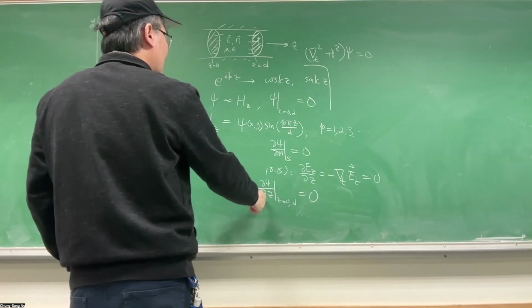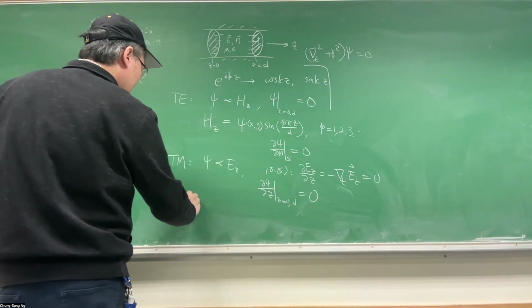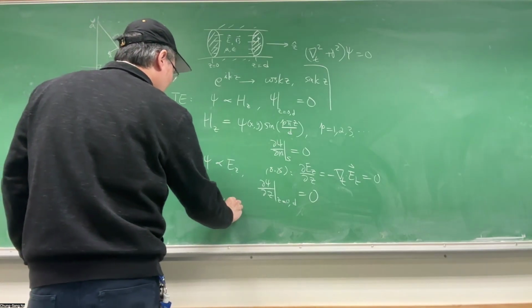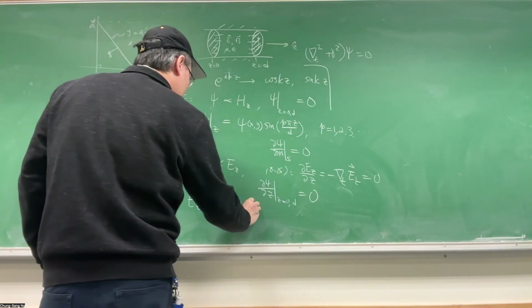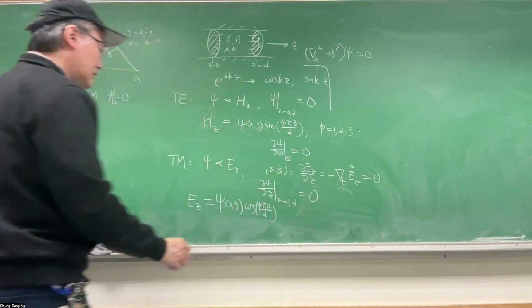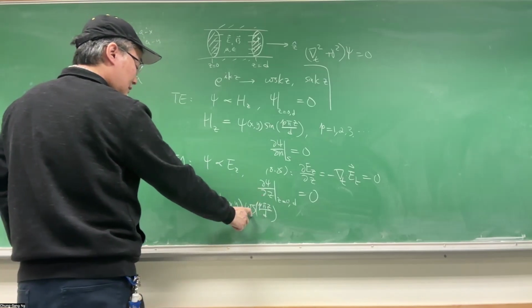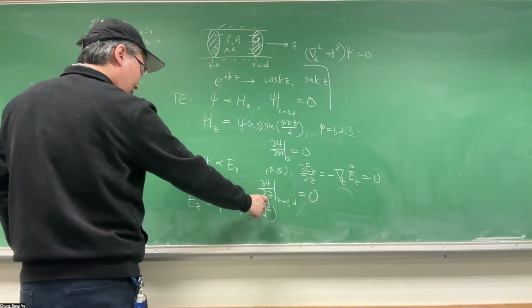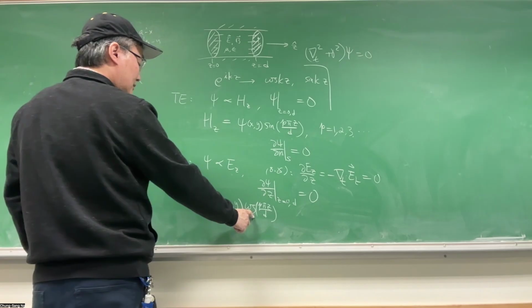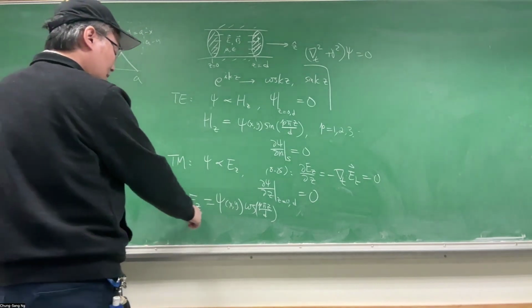But this is a derivative, so basically you're integrating that. So one way to impose this is to set Ez equal to psi of x and y, multiplied by cosine p pi z over d. Right? Because now you take the derivative, partial psi, partial z, that will change the sign, multiplied by p pi over d, and a negative sign. But this will be 0 at both z equals 0 and z equals d. Okay, so that will work.